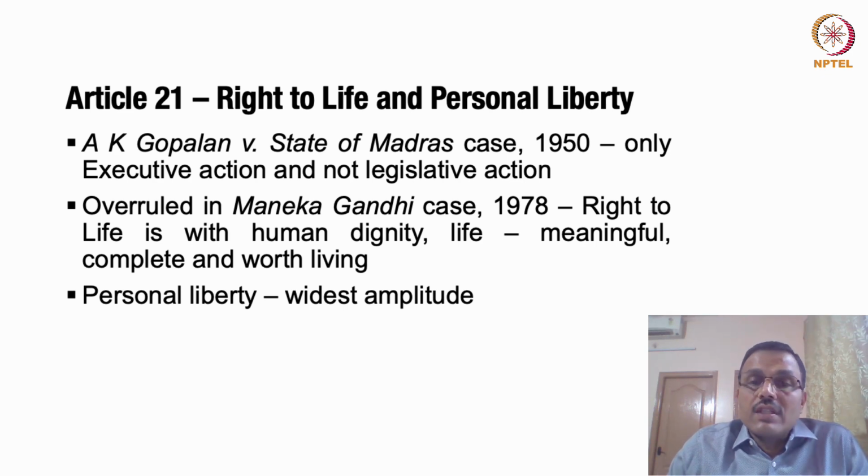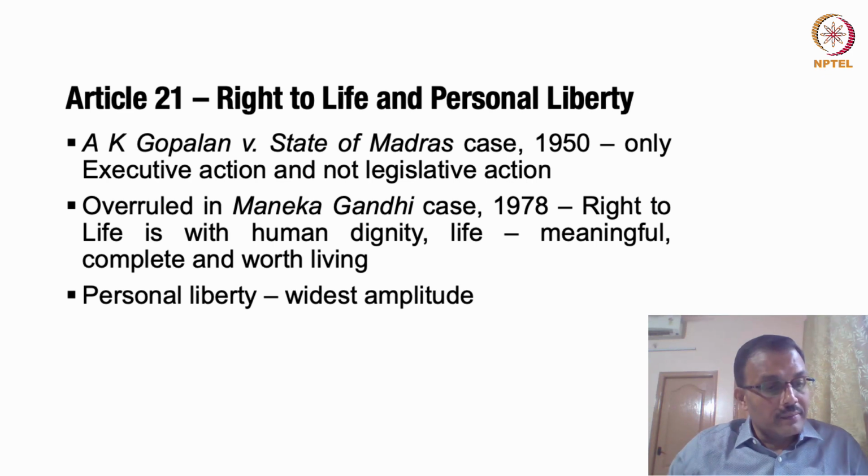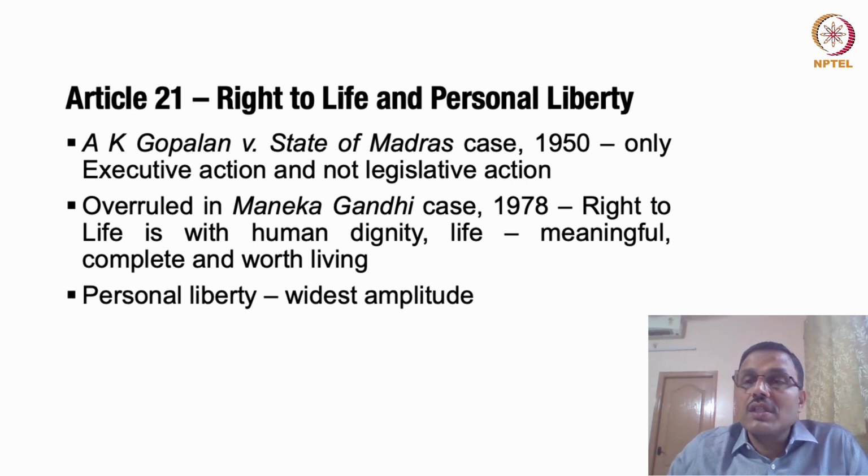In the 1950s, in a case called A.K. Gopalan versus State of Madras, the Supreme Court had taken a very narrow interpretation of Article 21 because it had held that the protection that is available under Article 21 for right to life and personal liberty is only available against arbitrary executive action.